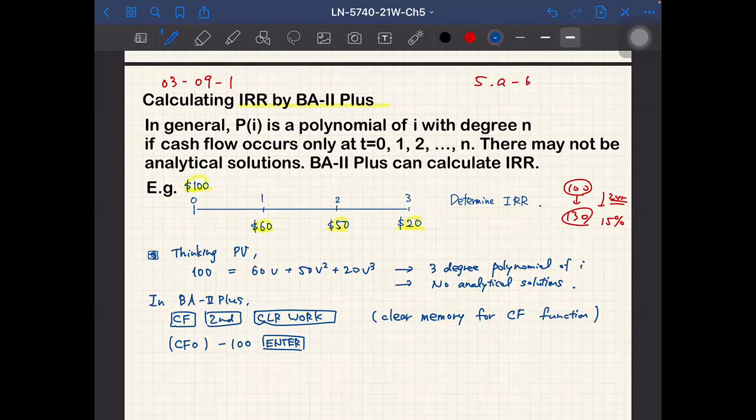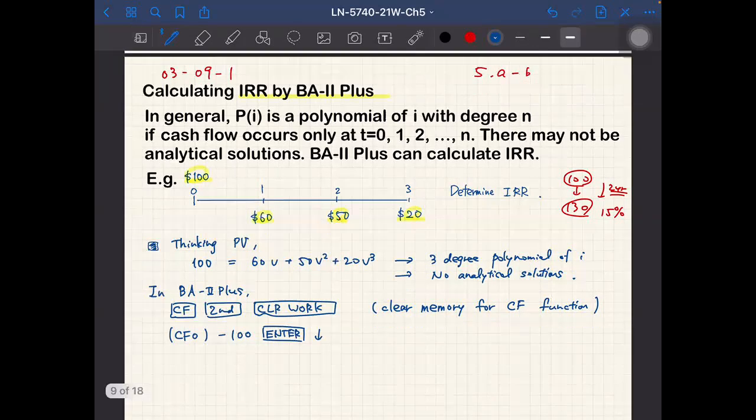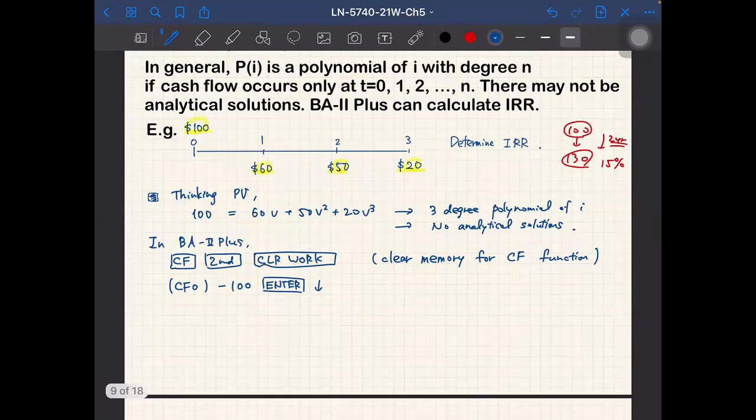Then go down. Then you will see C01, the first cash flow. First cash flow is positive 60. So we put 60, then enter. Then below, we will see F01. This is the frequency for the first cash flow. And we only have the $60 once, right?